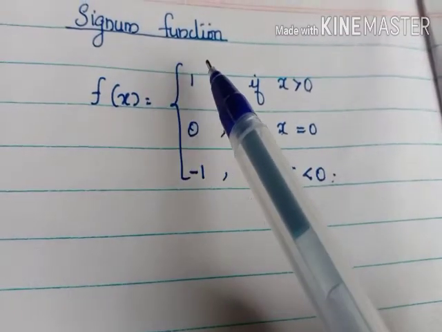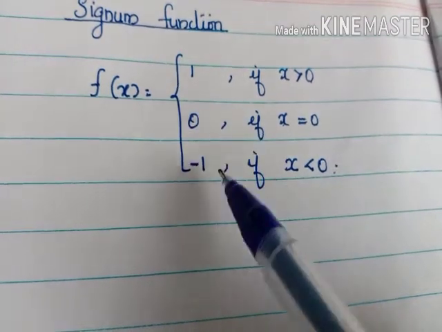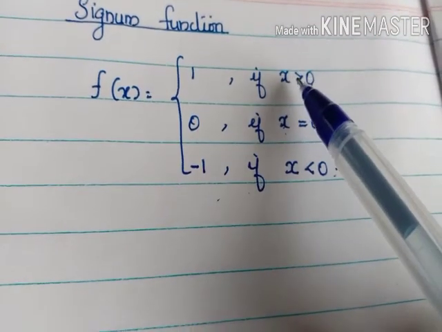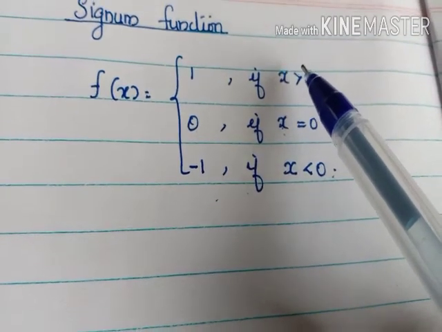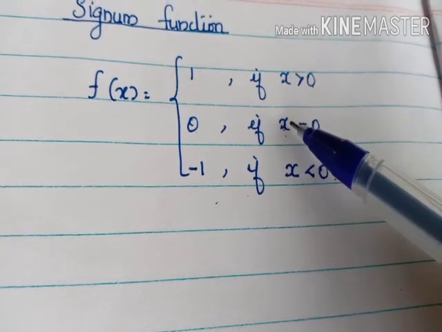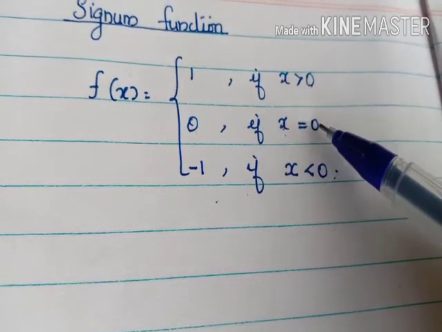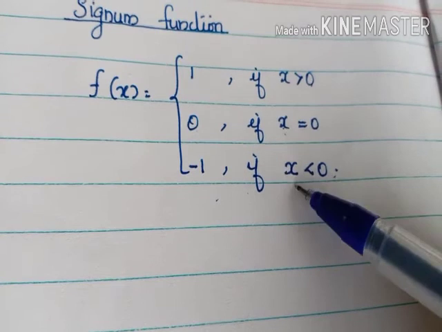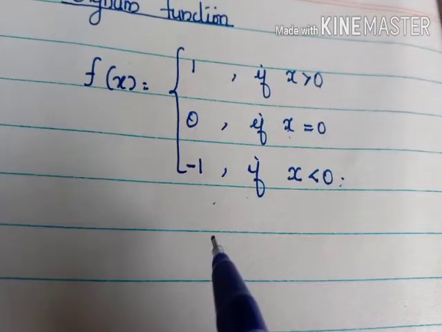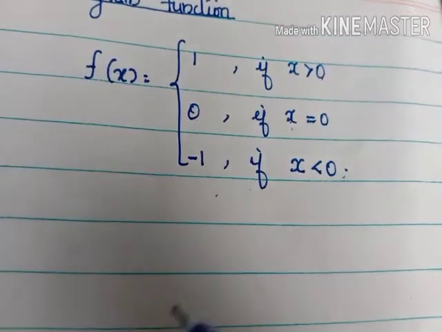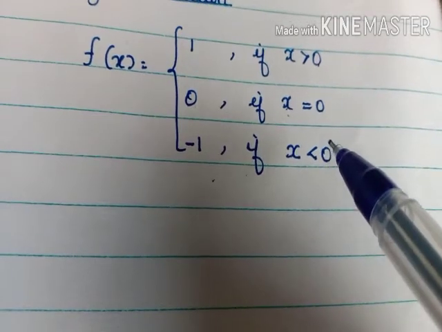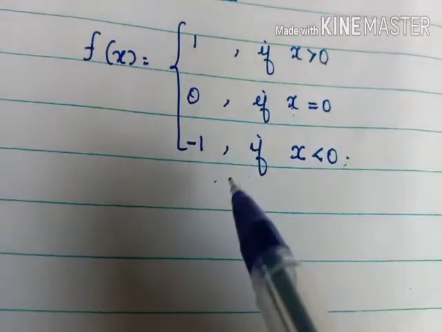So the signum function is divided into three parts: when x equal to 0, when x less than 0, and when x greater than 0. Here we are considering all values: natural numbers, whole numbers, rationals, irrationals, all these kinds of numbers can be considered as x values.